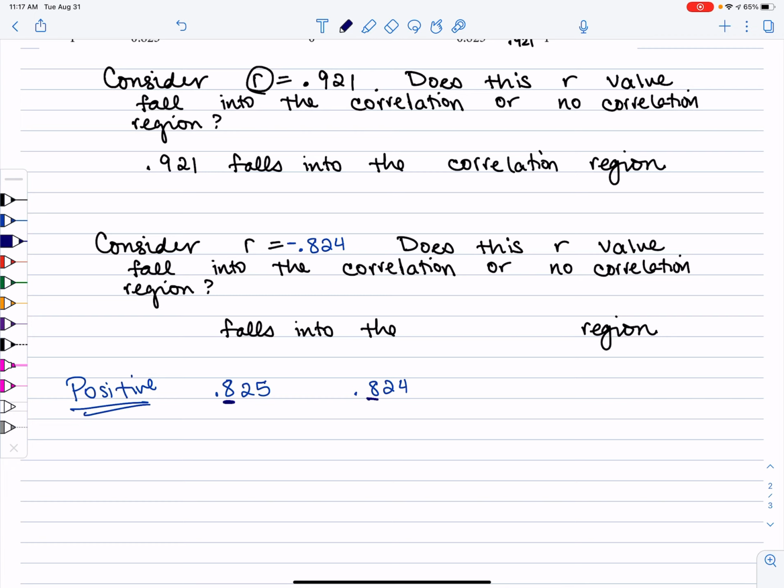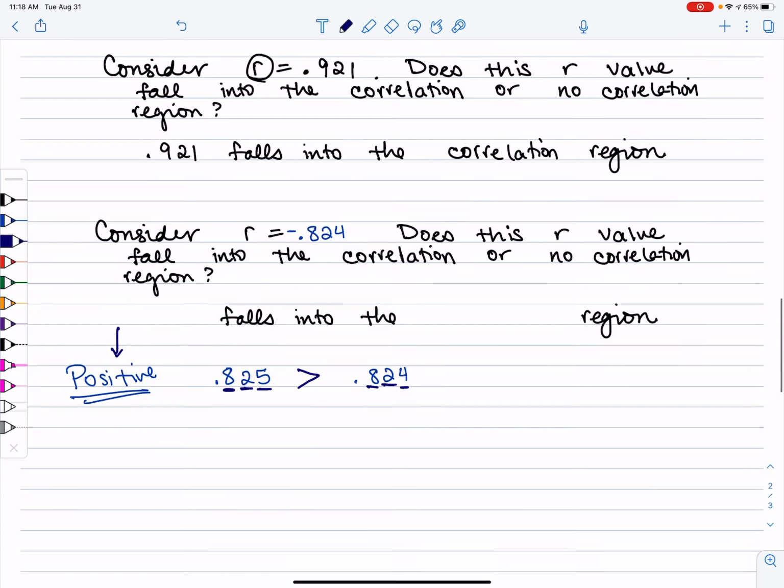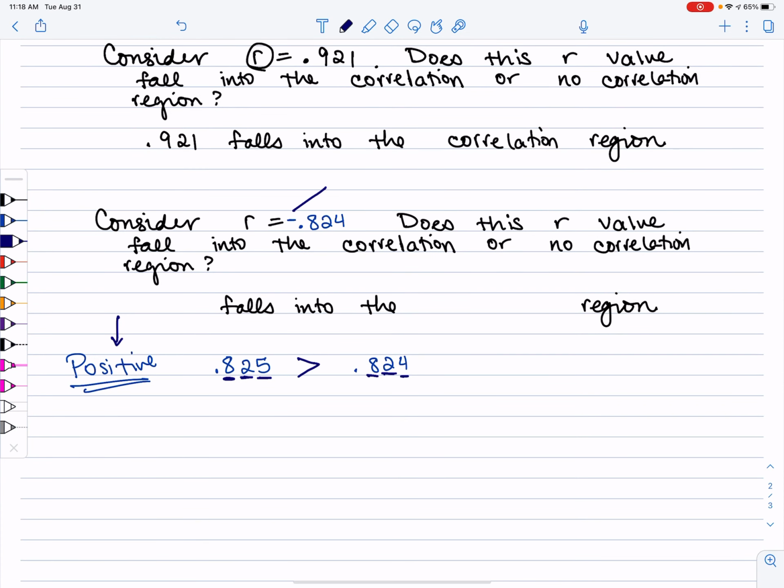So if they are positive, then we have 8 and 8. They're the same number on the corresponding place value. 2 and 2, the same number on the corresponding place value. And now we have 5 and 4. So if we are talking about positive numbers, then we say that 0.825 is greater than 0.824. But please be careful because here we're talking about negative numbers.